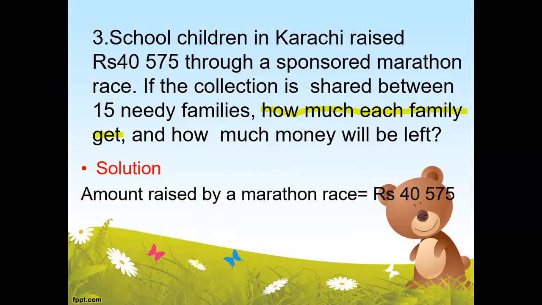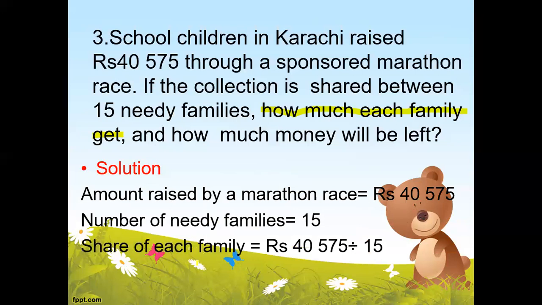So you can see the amount raised by the marathon race, then the number of needy families, and we will do the division to find about each family, that is one family. Again, the solution is given to you on the next slide, but it would be better if you solve it by yourself first.